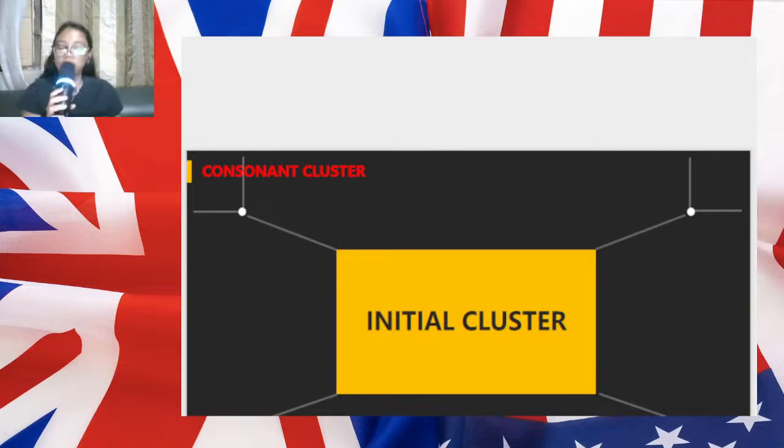That's the only thing written on the slide aside from the one above, consonant cluster. So it's okay as long as you can see the title. Even if you cannot see it, I'm going to say it. Going back, we are zooming in on the first type of consonant cluster, which is initial cluster.